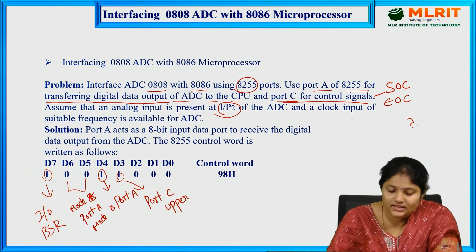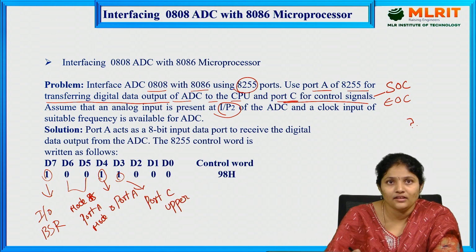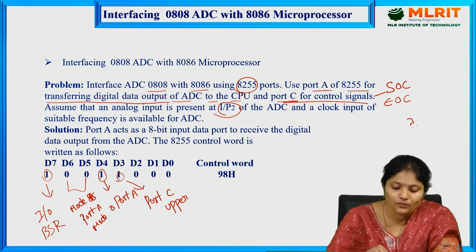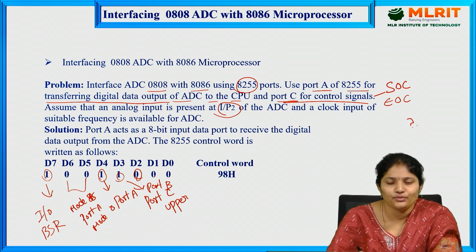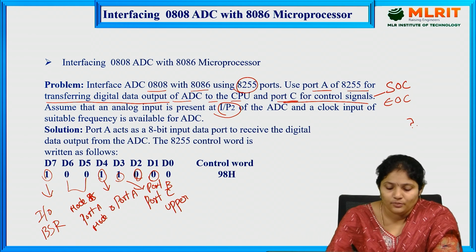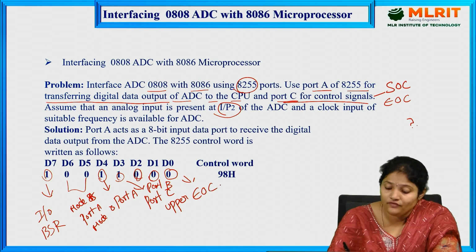Here port C upper is used for the SOC pin, start of conversion, which is an output from the processor, so we take it as 1. D2 is the port B mode. We are not using that, so we keep it as an output port. And D0 is used to get the end of conversion signal.